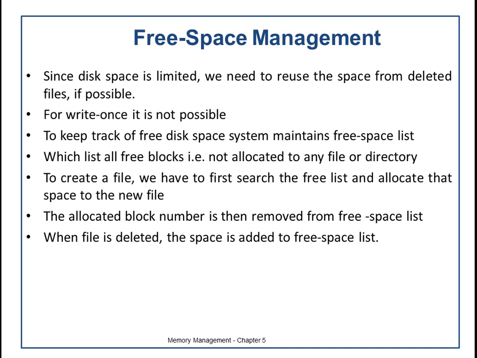When any file is deleted, the space of that file becomes available for other files and can be used by them. So the block number of that particular file can be added to the free space list.